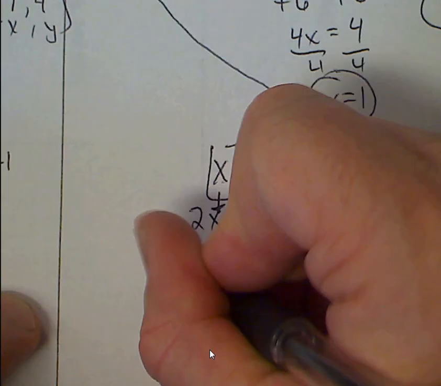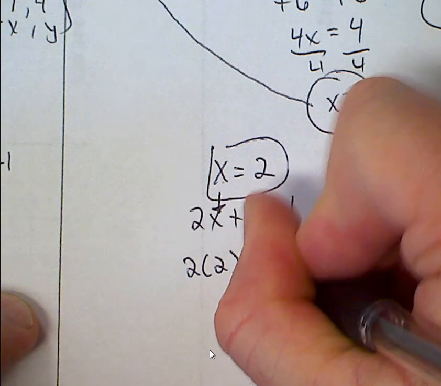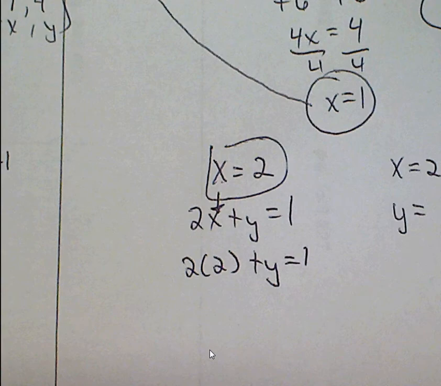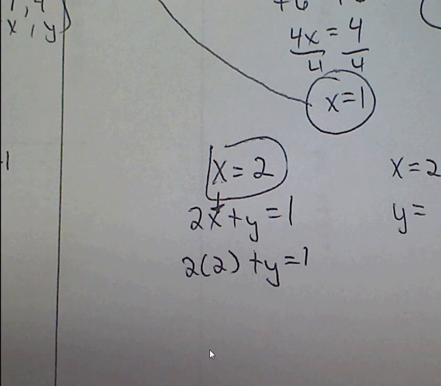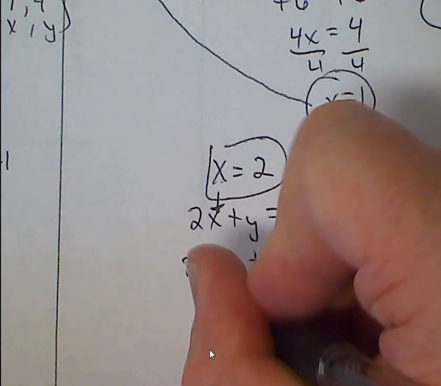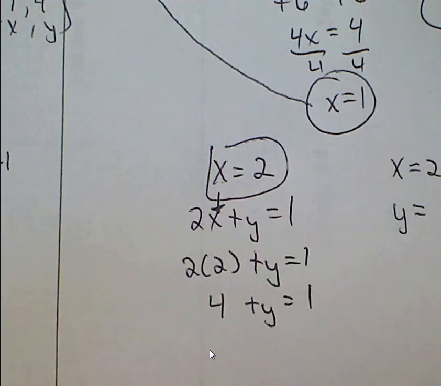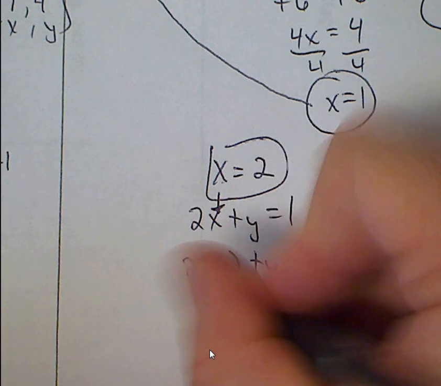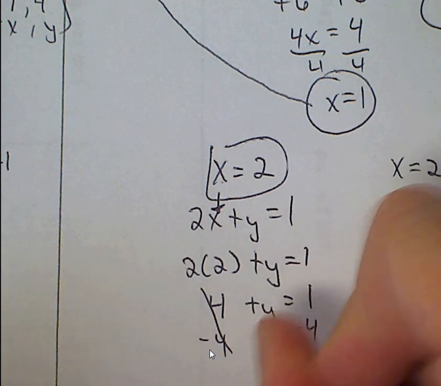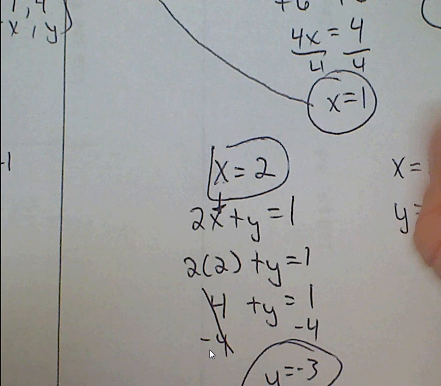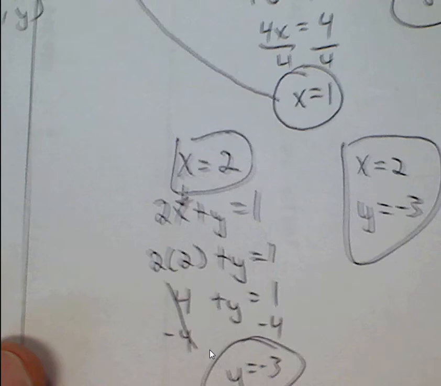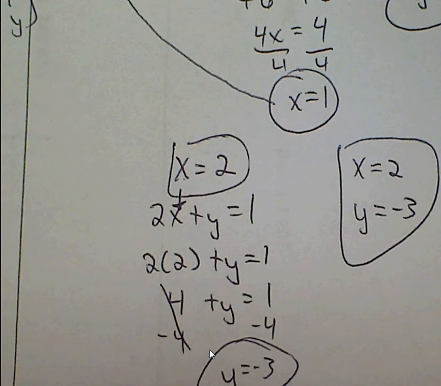So this would give me 2 times 2 plus y equals 1. Pause the video and solve for y. 4 plus y equals 1. Minus 4, y equals negative 3. I am done. X was already solved.